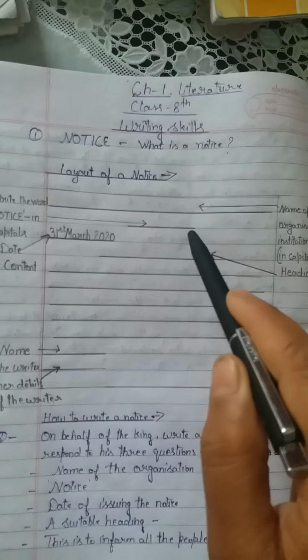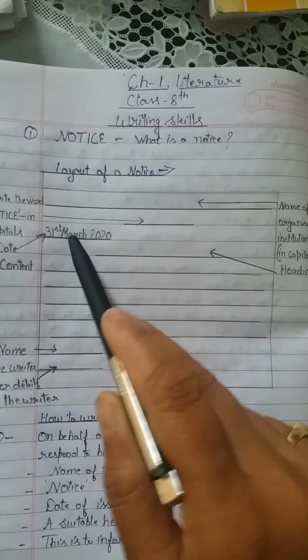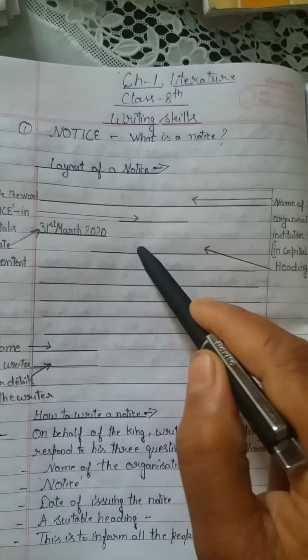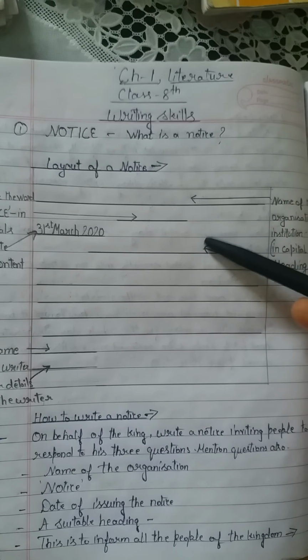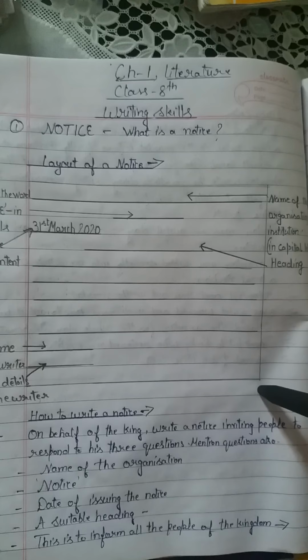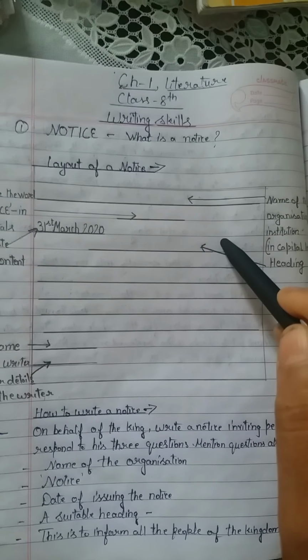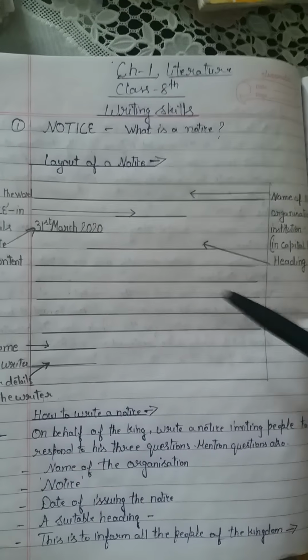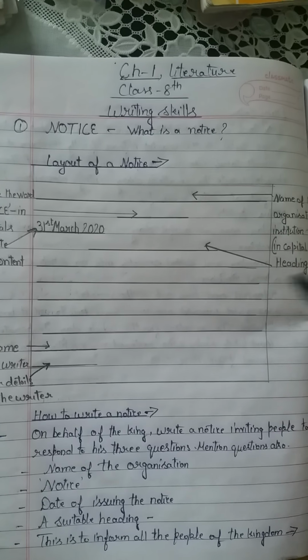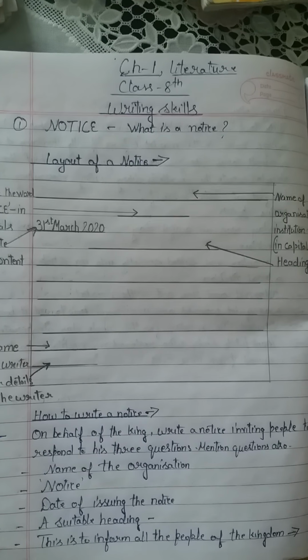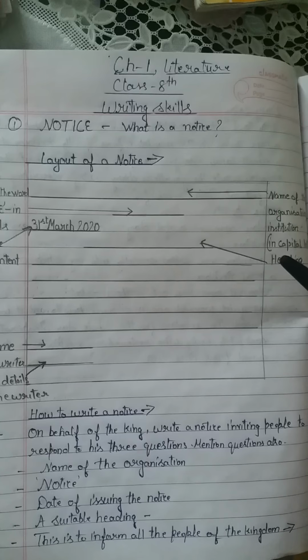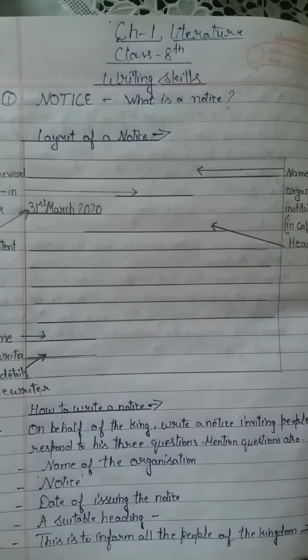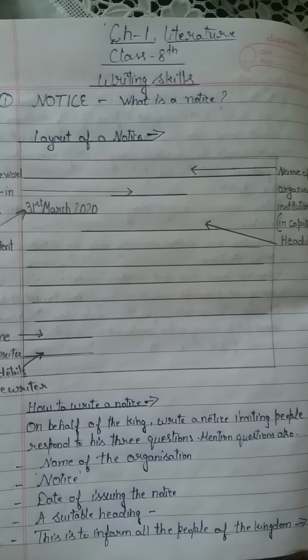So again the same: the word notice, date, any fictional date, then heading. The heading can be three questions, because our chapter is about three questions, or proclamation, right? Then in content, this is to inform all the people of the kingdom, as the king is informing everybody in the kingdom about the proclamation, about the reward.